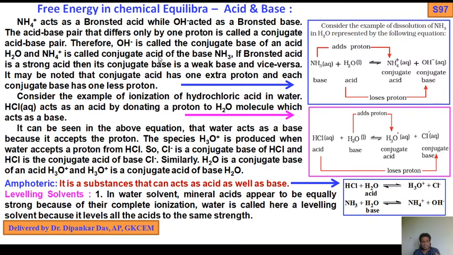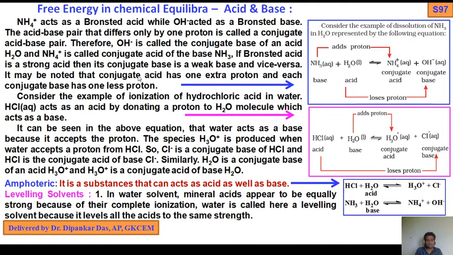Therefore, OH minus is called the conjugate base of the acid water, and NH4 plus is called the conjugate acid of the base NH3. If a Bronsted acid is a strong acid, then its conjugate base is a weak base, and vice versa.